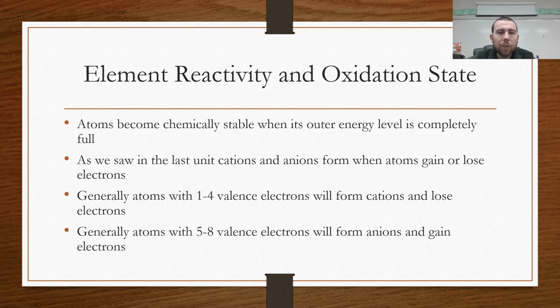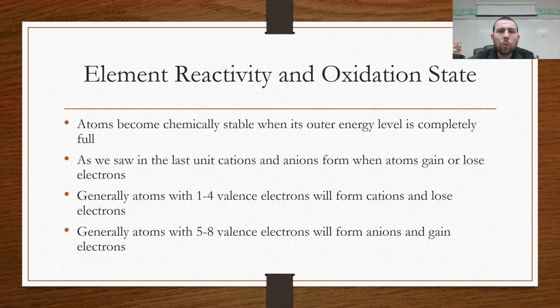Now, in the previous unit, we saw that certain elements could lose electrons to form cations, and that other elements would gain electrons in order to become anions, right? So there are those terms again, and I introduced them in the last video as well.